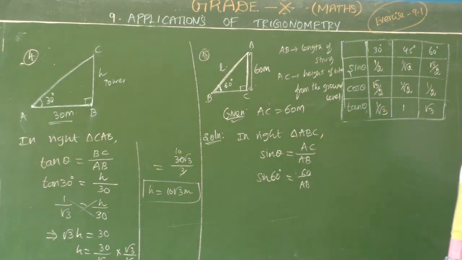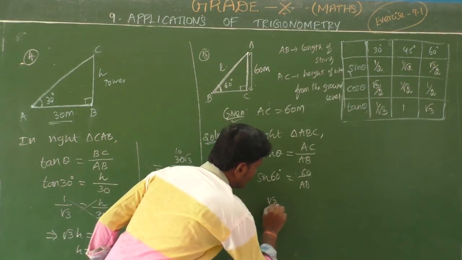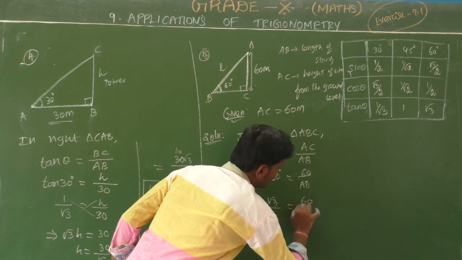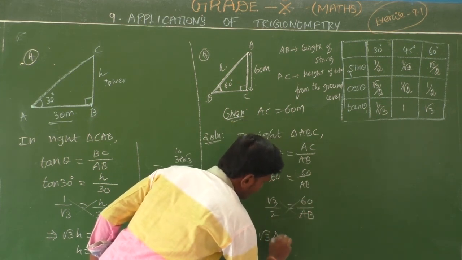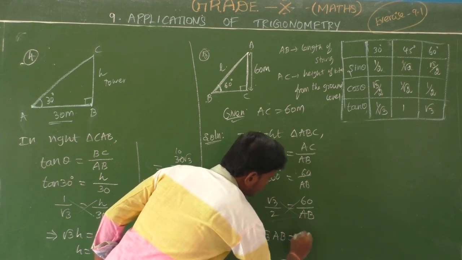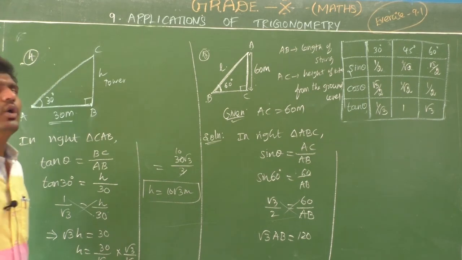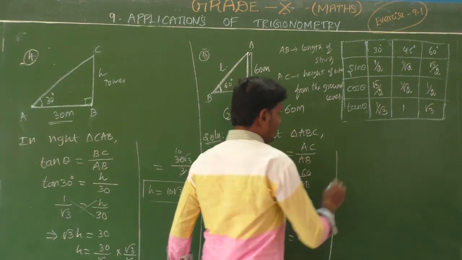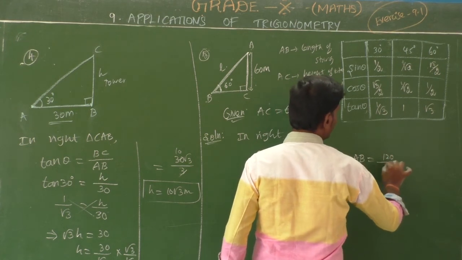Do you know the value of sin 60? Root 3 by 2. Now root 3 by 2 equals 60 by AB. Now I am going to cross multiply. Root 3 AB equals 60 times 2, which is 120.